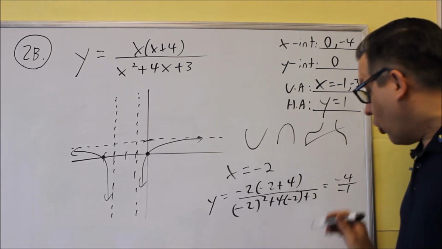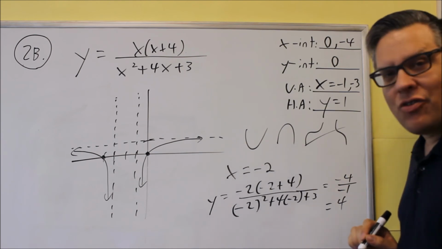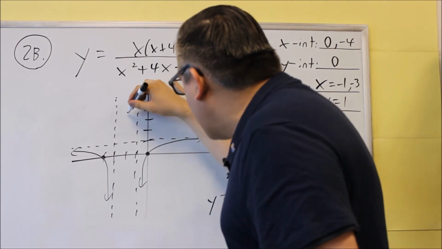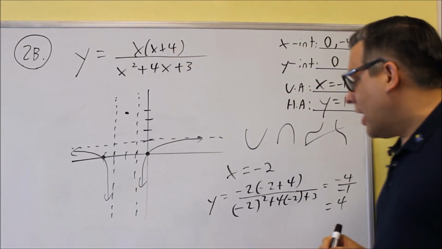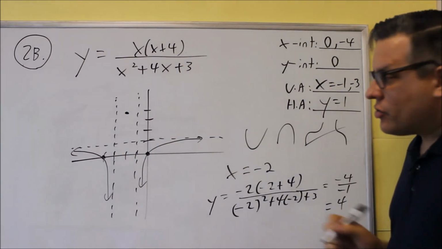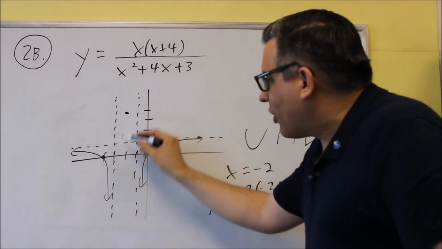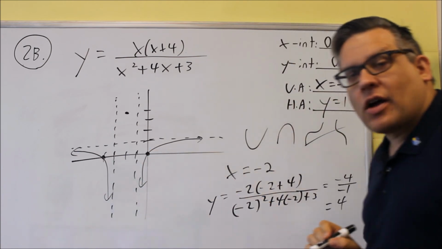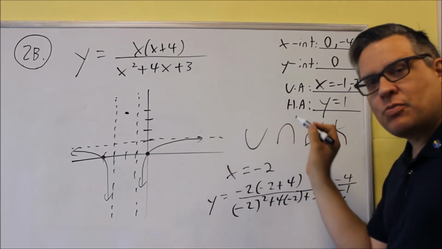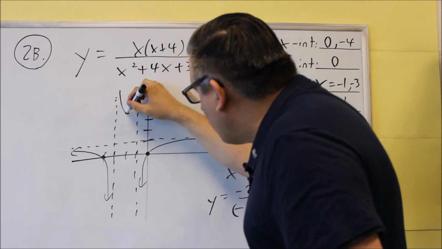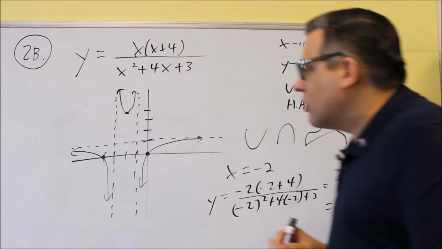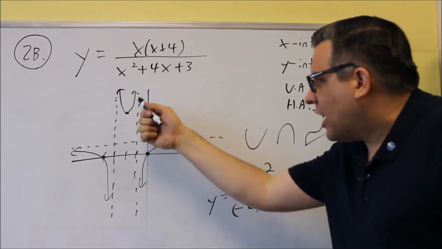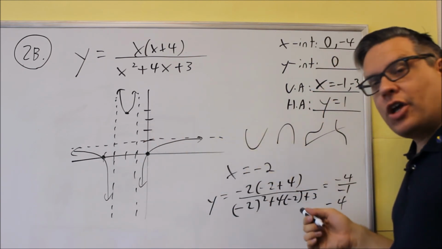So I get negative 4 over negative 1, which means I get positive 4. So at negative 2, I get a point up here at positive 4. The graph cannot go down this way because otherwise it would have to cross the x-axis. So the only shape it can be is the U-shaped one, which means it's going to look something like this, like a parabola opening up. I was able to determine that by putting in this test point.